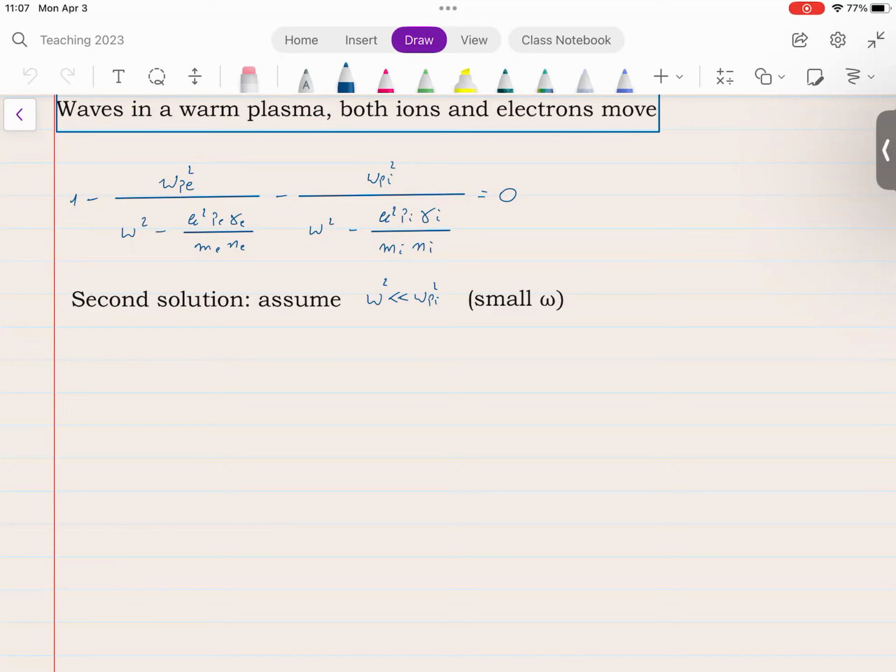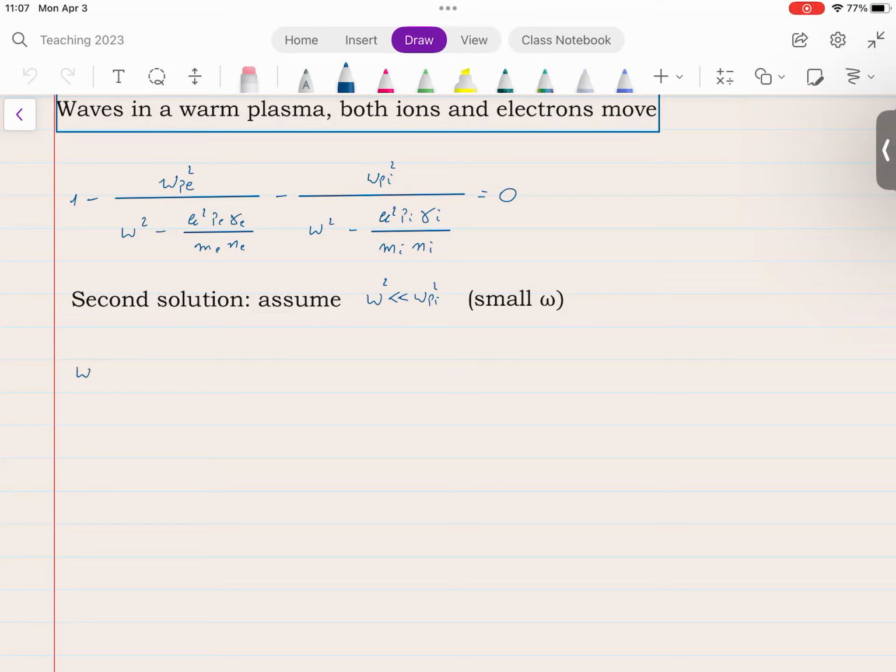What I'm going to do is just multiply the denominators and get an equation where omega appears in the numerators, and then figure out what the main terms to keep are, and I'm not going to do the whole thing. I'm just going to sketch how this will go.